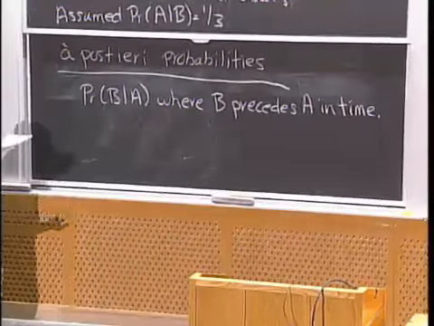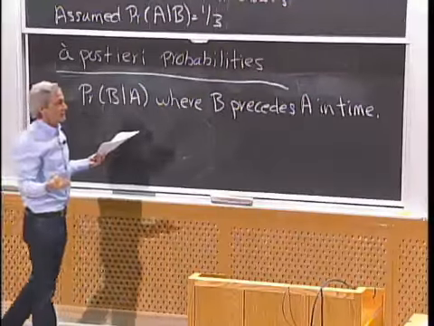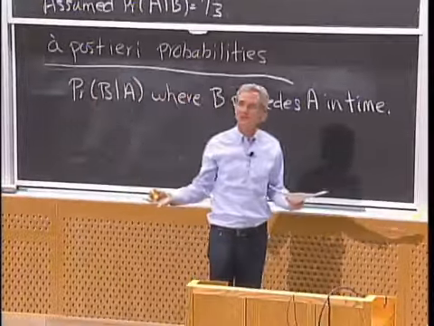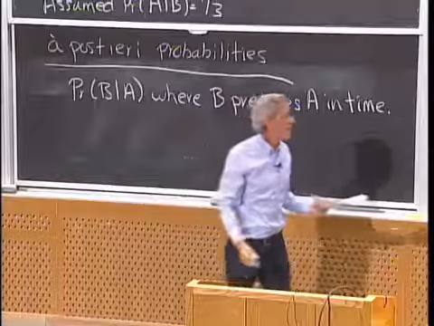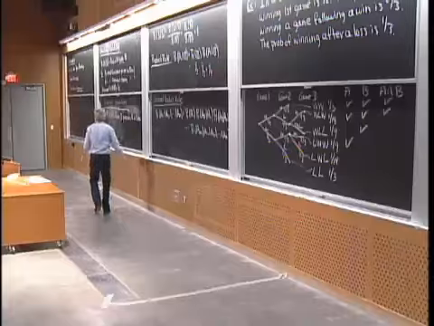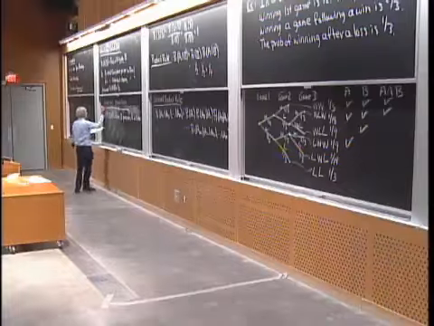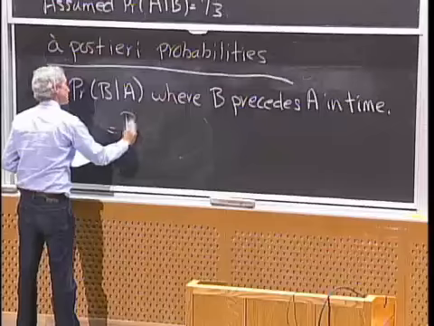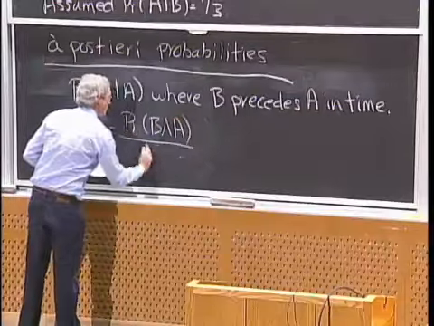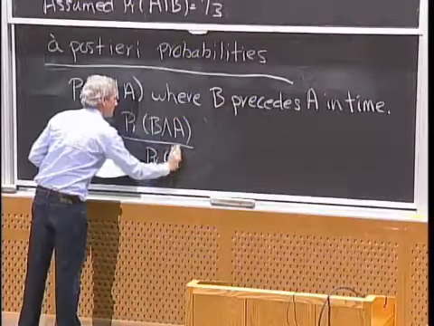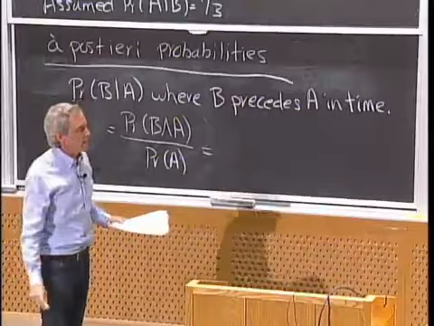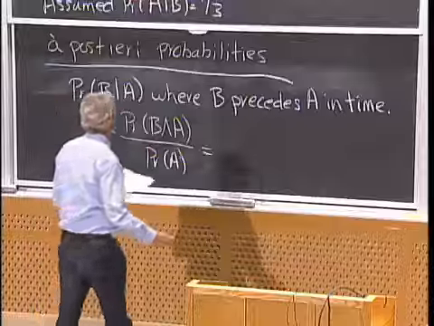So let's figure out the probability that you won the first game given that you won the series. So I want probability of B given A now for this example. Well, it's just the probability of B and A over the probability of A. We already computed the probability of A and B. That's 1/3 plus 1/18.